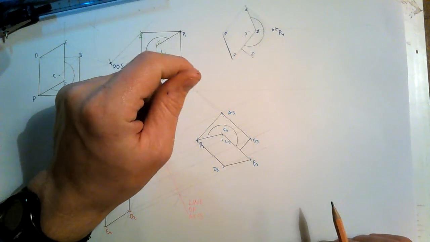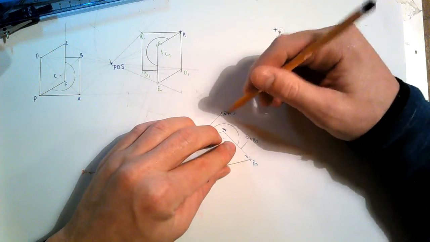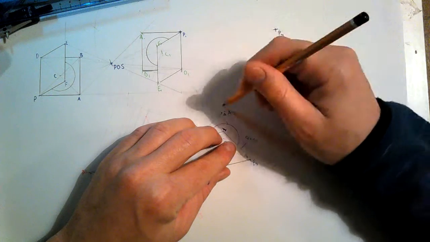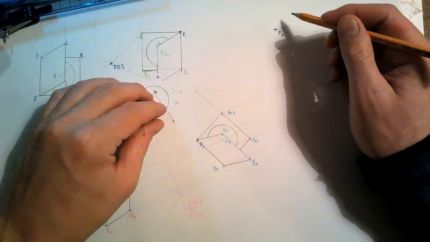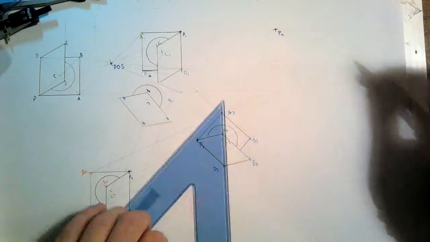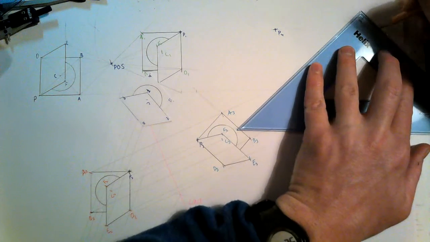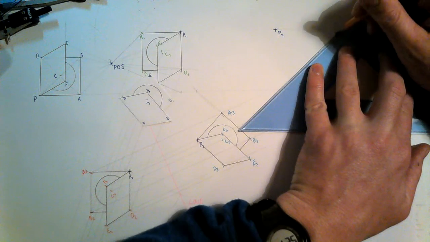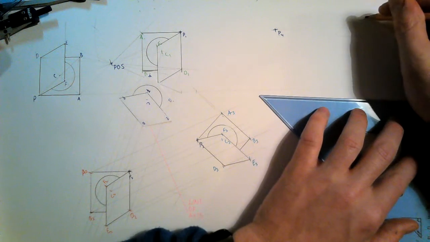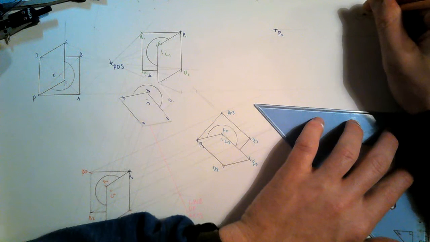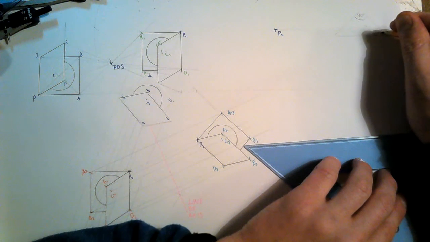Okay, so we've rotated 90 degrees. Now, because we're working clockwise, okay, we need a point of rotation out here. Okay, so what's going to happen is, 90 degrees is 90 degrees, and this gives us 45.